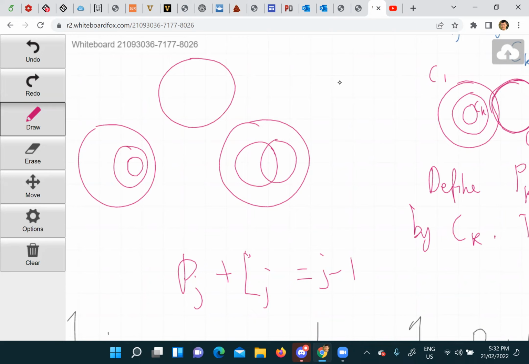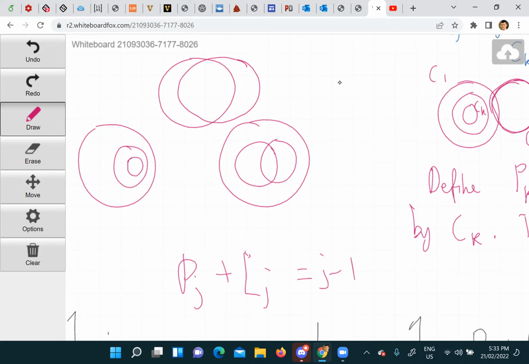What about this? Actually, I think I have a case. So what if this happens? I think I understand. If this happens, you can actually get inside. If something like that happens, you have overlapping circles.